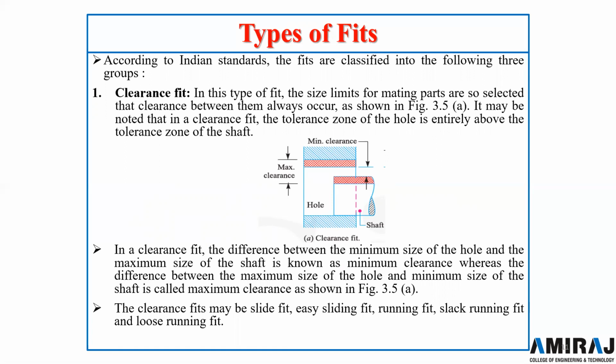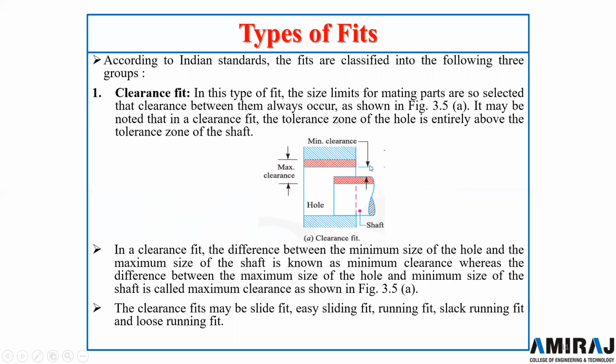And in interference fit, what will happen? The tolerance zone of the hole will be entirely below the tolerance zone of the shaft. Again, here it is written that the difference between the minimum size of hole and the maximum size of shaft is known as the minimum clearance. Suppose this is the minimum size of hole, and here is the maximum size of shaft.